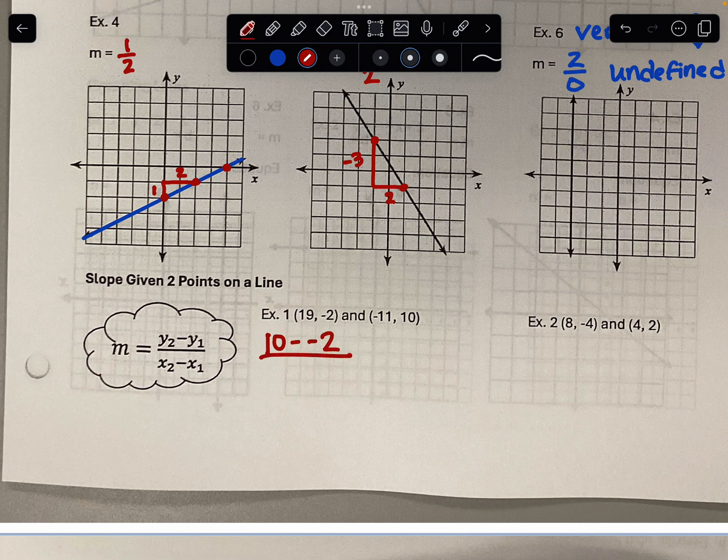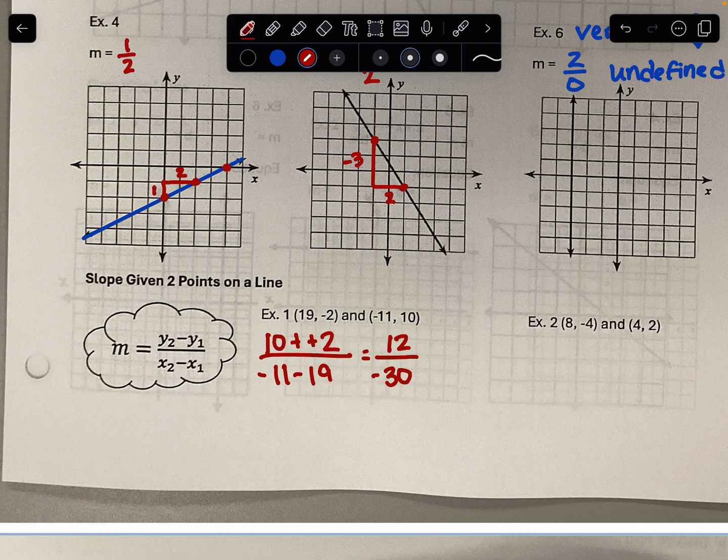So y minus y, and then what about on the bottom? -11 minus 19. Good. Okay, Trent, what happens to those double negatives? They add. Okay, 10 plus 2, and then -11 minus 19. -30.